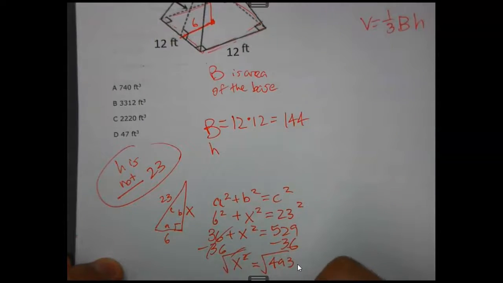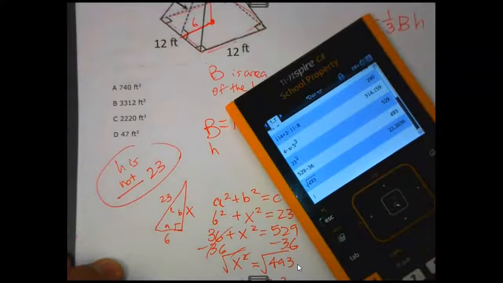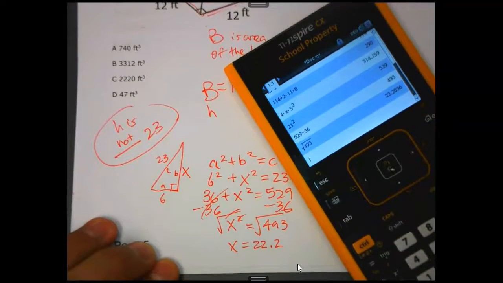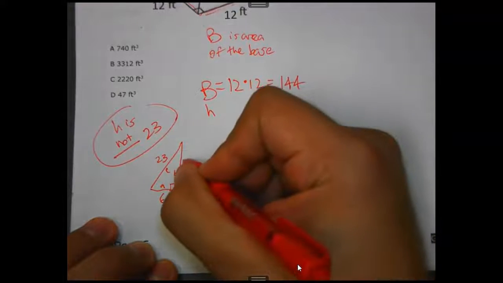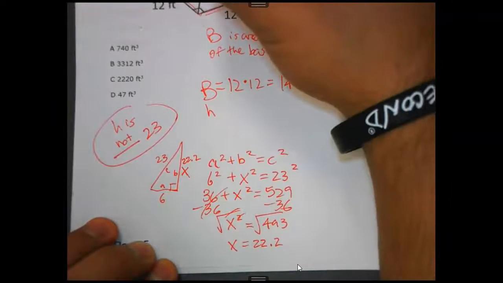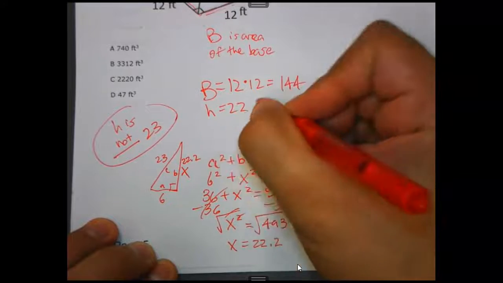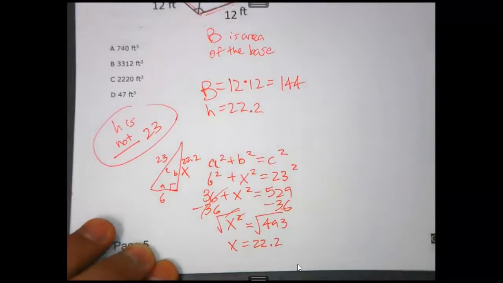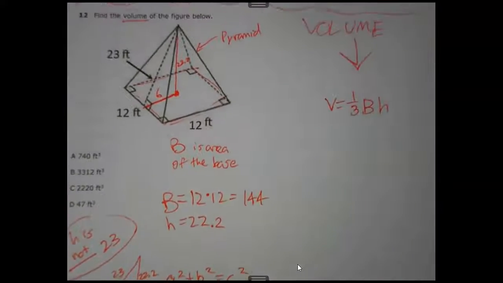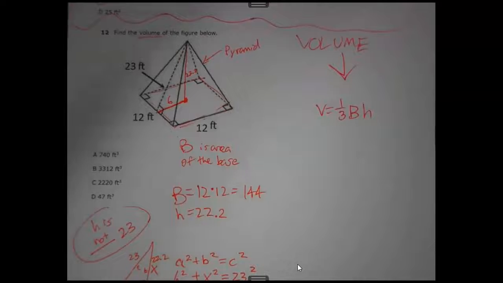And that gives me 22.2 from doing that. So my height up and down is 22.2. If you use 23, you might get something close, but it's not going to be perfectly what you need. That's kind of what we're hoping for, more perfectly what we need.